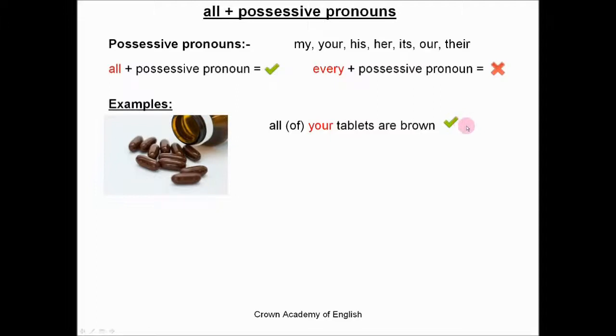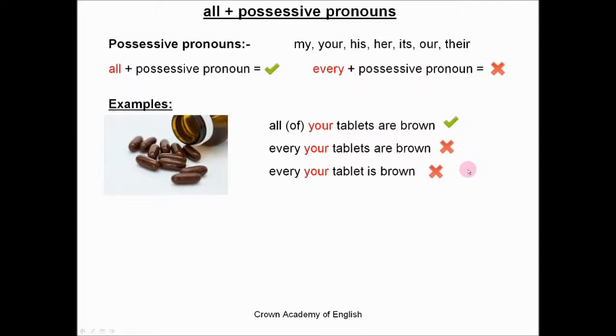But we must not say every your tablets. So if we use the word your, then every is wrong. We cannot say every. So this is wrong, and that is wrong. Even plural or singular, they are both wrong. Okay? Do not use every with any of these possessive pronouns.